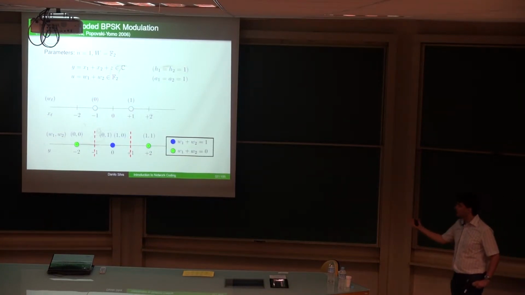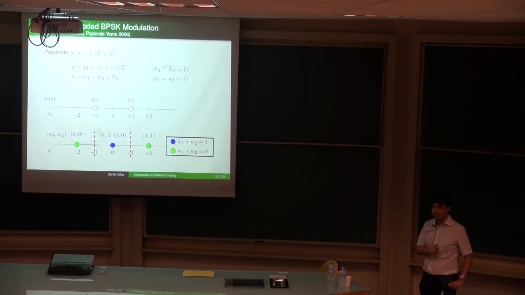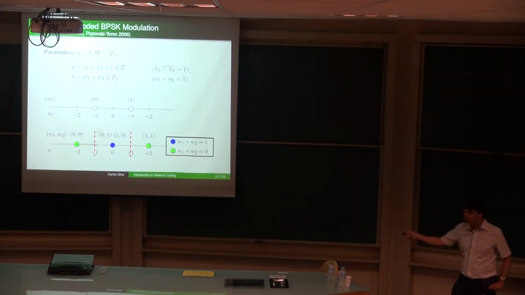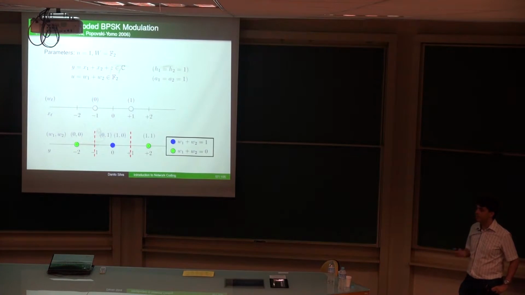So this approach definitely fails for the multiple access channel. There's ambiguity here, even in the absence of noise; you cannot distinguish the two messages individually, but you can distinguish their linear combination, actually their XOR. Because in the case where you have ambiguity, the XOR of both messages is always 1.